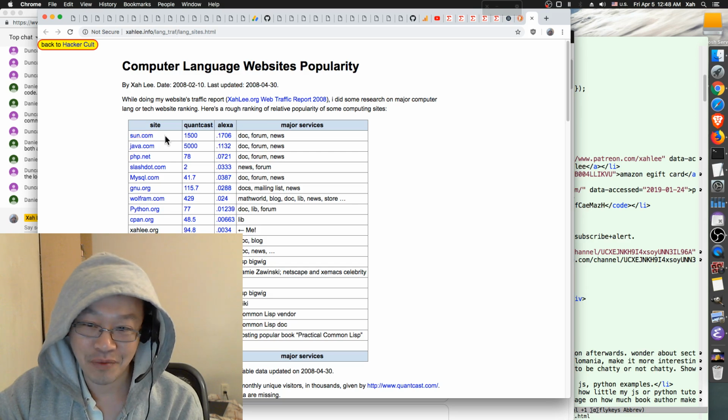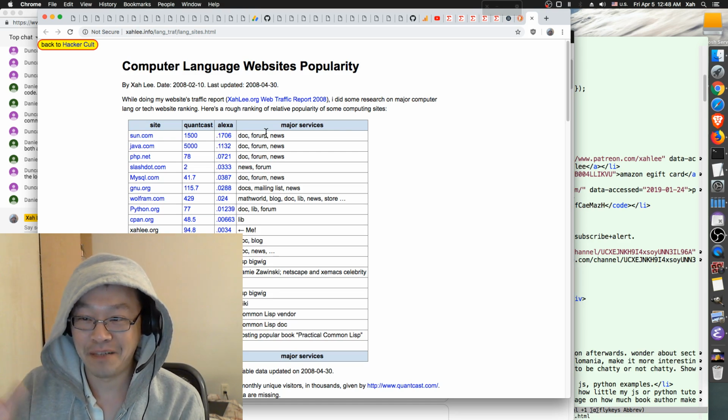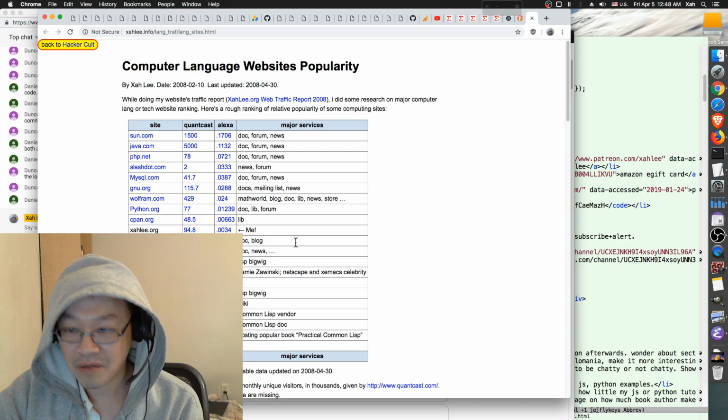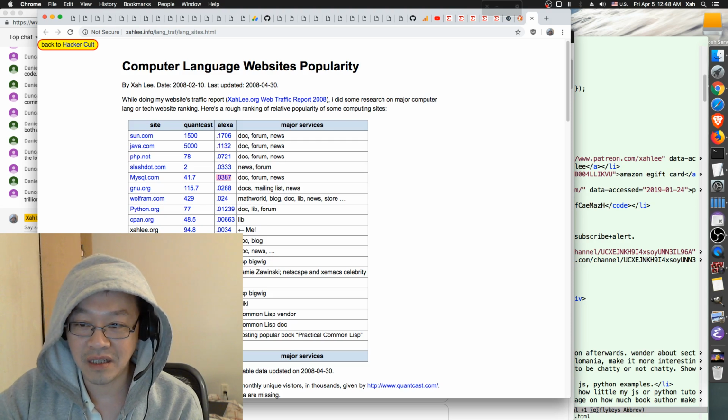So you see Sun.com, Sun as in Sun Microsystems. They are dead now, so you get a glimpse of a lot of history here. MySQL.com, Slashdot.com, PHP.net. And where's the ranking? Okay, so site, Quantcast, Alexa. Okay, here's the ranking.